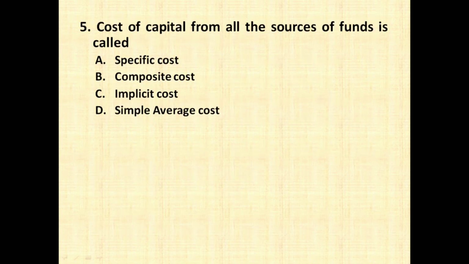The next question is, the cost of capital from all sources of fund is called as. Now what is specific? Specific is nothing but individual source, that is either KE or KD or KP or KR. When it is taken from individual source, it is called as specific. When it is taken from all the sources, it is called as composite. Composite we also call it as overall cost of capital, correct? We make use of a term called KO.